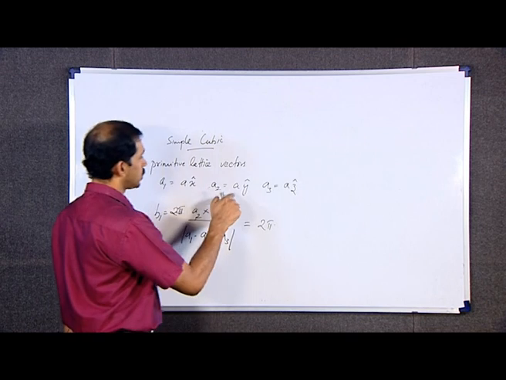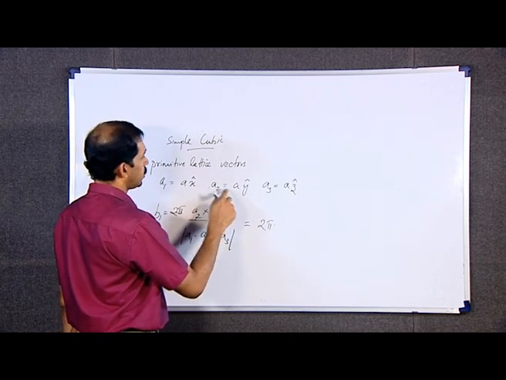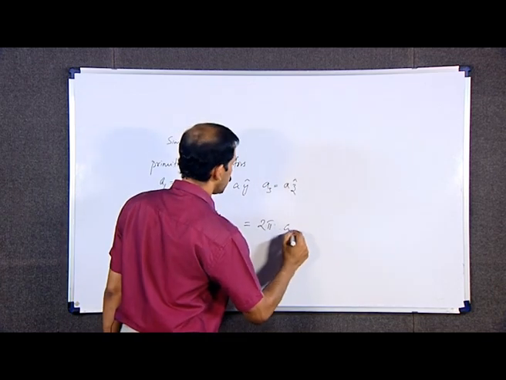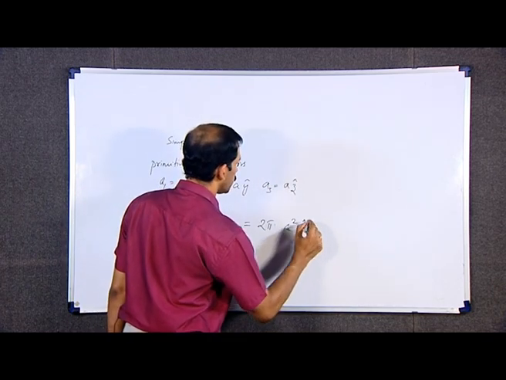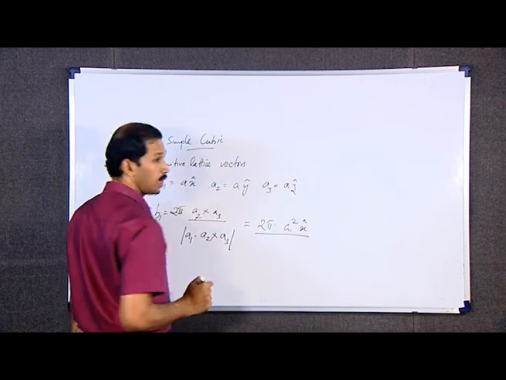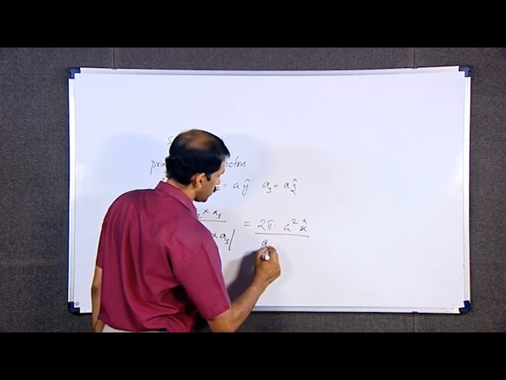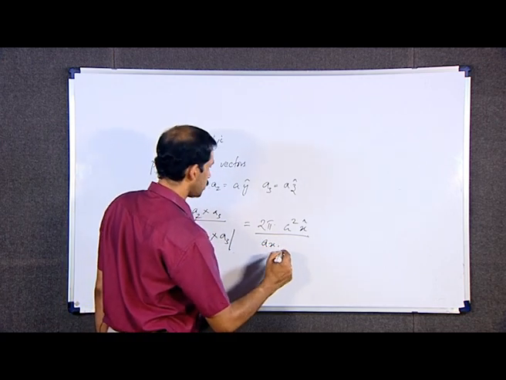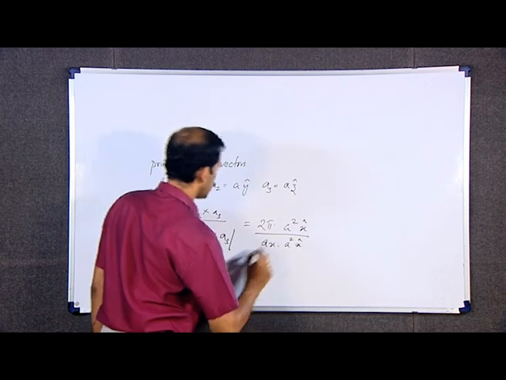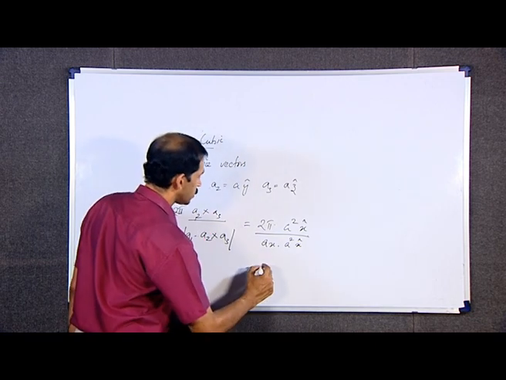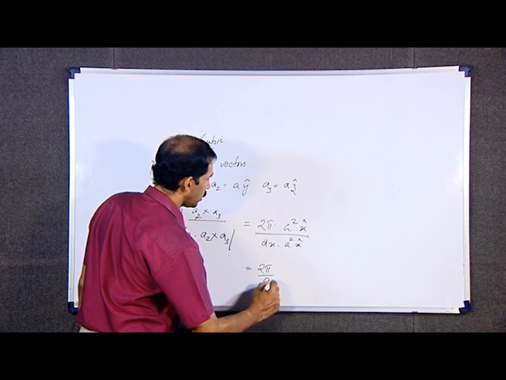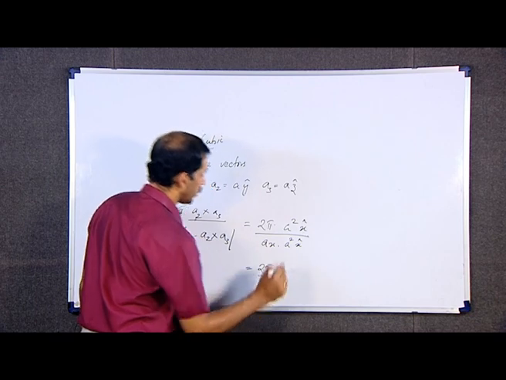How much is a2 cross a3? a y cross a z, which is a squared x, divided by a1 dot a2 cross a3, where a1 is a x, giving a cubed. One can evaluate this as b1 equals 2 pi by a times x.